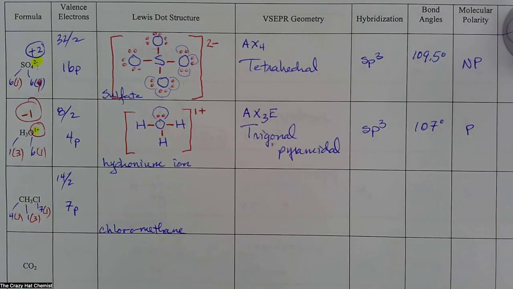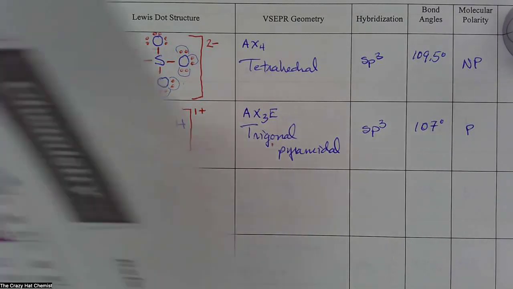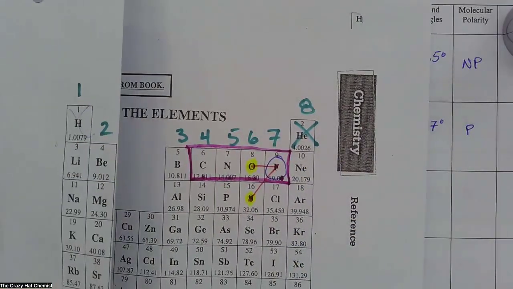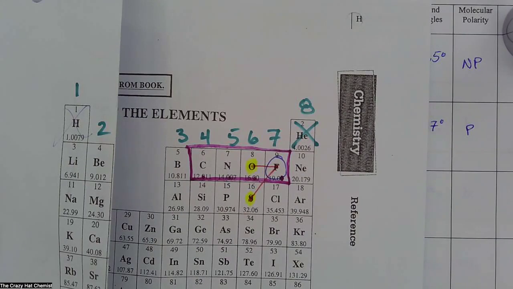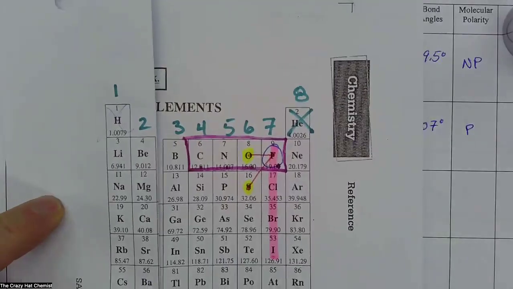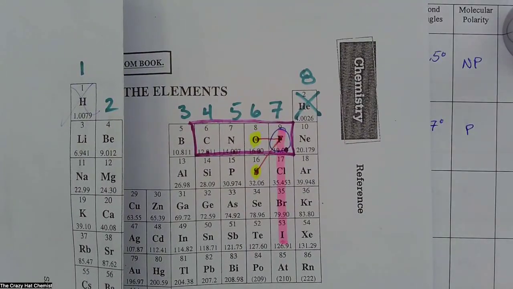Again, the least electronegative element goes in the middle, but never hydrogen. Here's another really big hint, and that is the halogens. We are going to color the halogens in pink today. Do the halogens go in the middle as the central element?